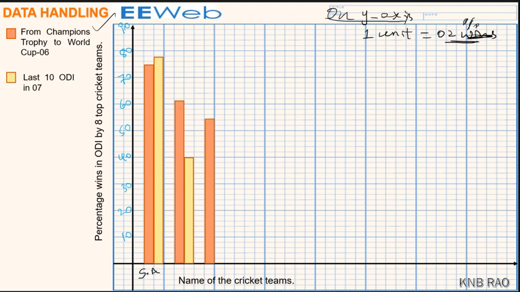Whereas the third country was Sri Lanka, they won 54% of matches from Champions Trophy to World Cup 2006, whereas they won only 38% of matches in the last 10 ODIs in the year 2007. Now you can go ahead by plotting similar graphs for the rest of the countries.